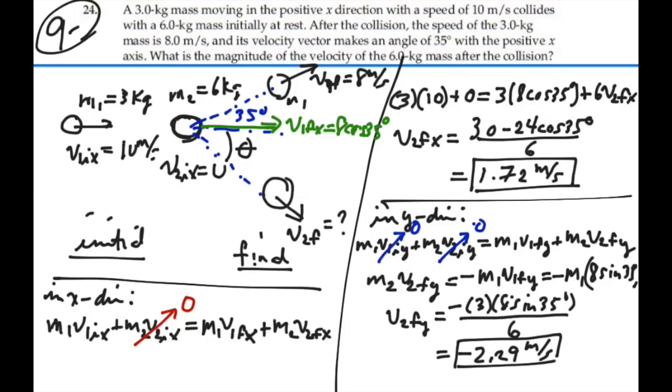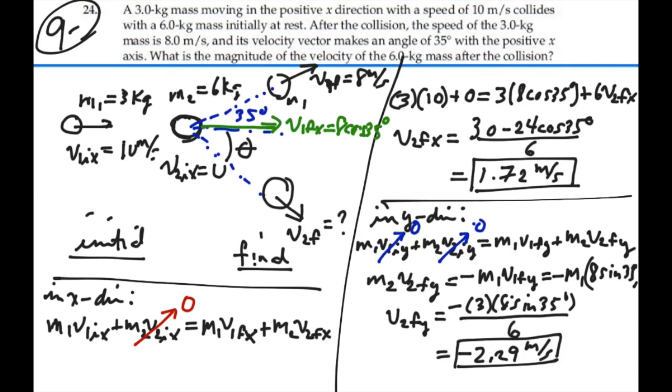So we have the two components of our final velocity for mass 2. If we were to graph that, we would have, looking back on this again, 1.72 meters per second in the x direction and a negative 2.29 meters per second in the y direction for mass 2.